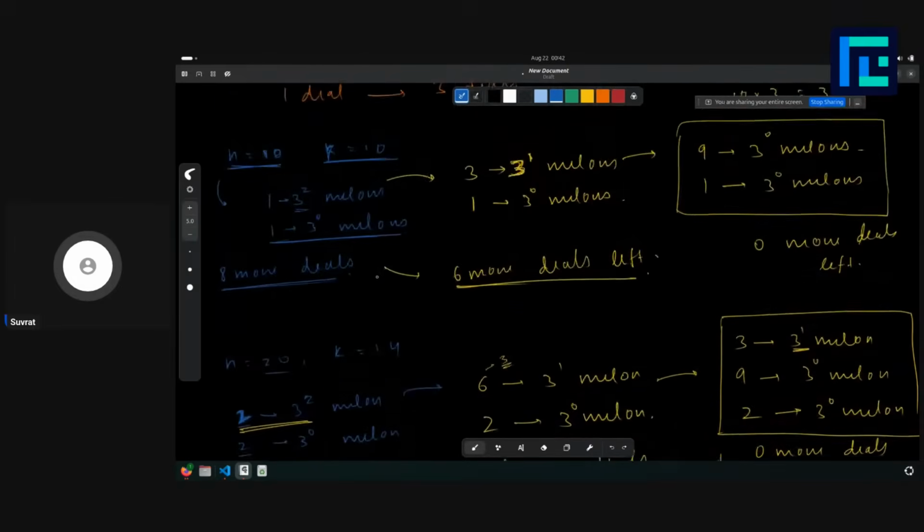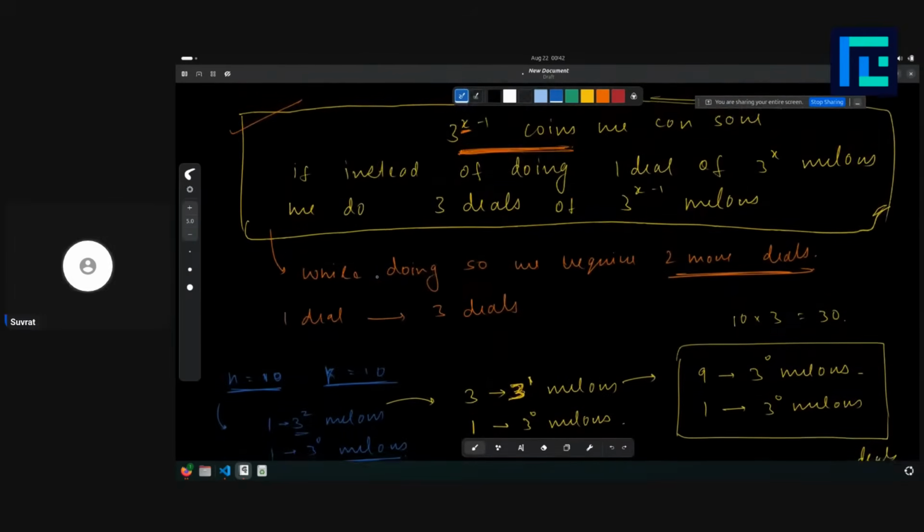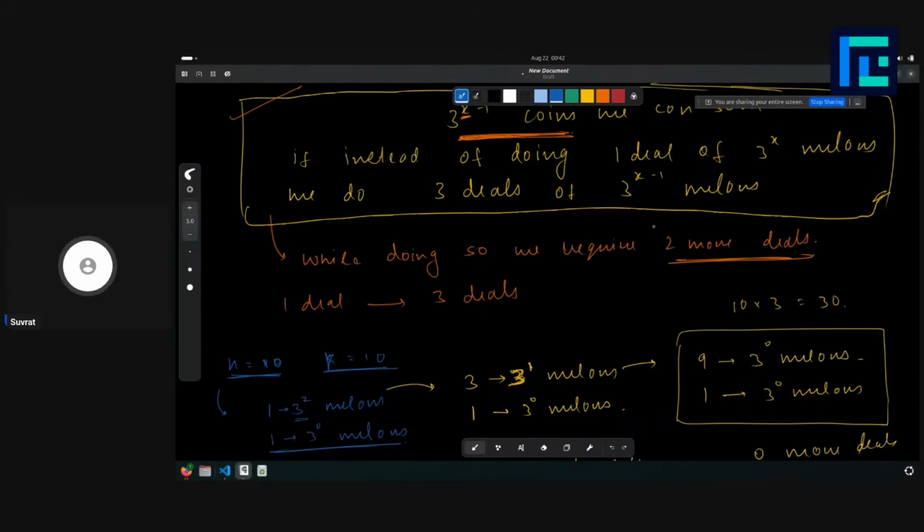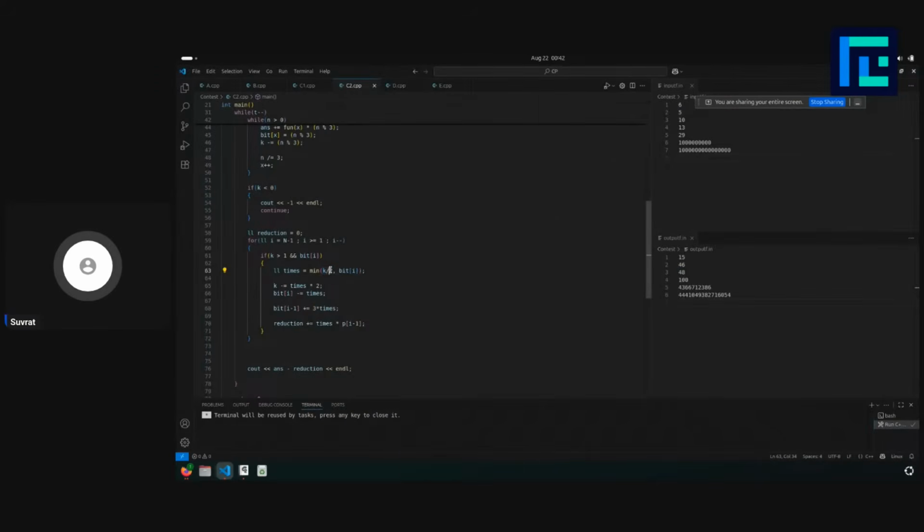Since each reduction takes 2 deals, we require 2 deals for each reduction. So k by 2 is the maximum number of reductions that we can do, and bit I is the number of deals that we are currently doing for 3 to the power I. So and also we are looping this from the highest bit because that would be the most cost efficient.